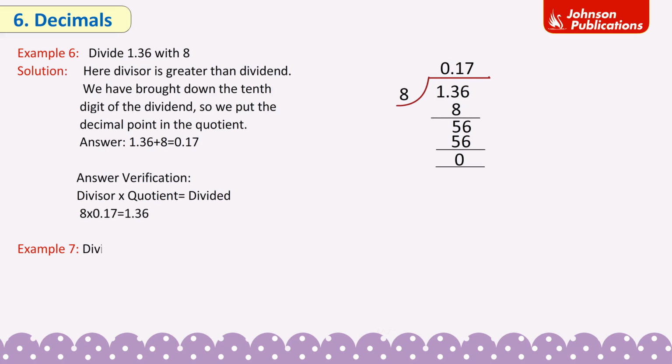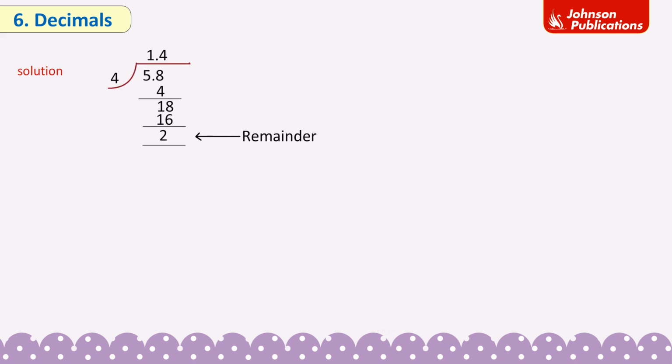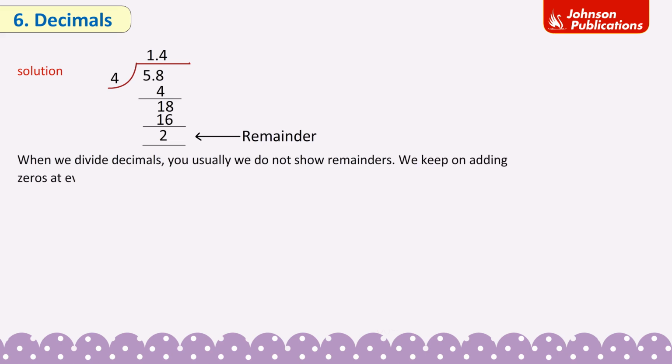Example 7. Divide 5.8 with 4. Solution. Remainder is 2. When we divide decimals, we do not show remainders. We keep on adding zeros at every step till the division is complete.